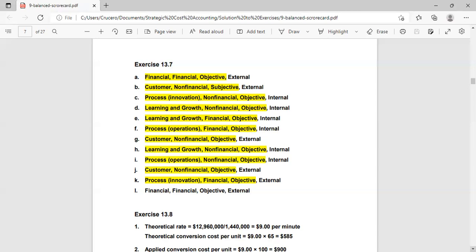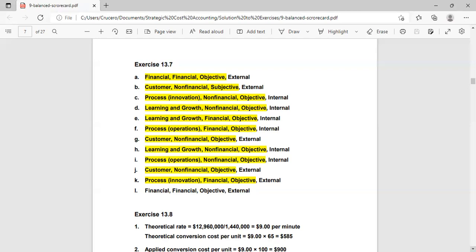Now in letter B, ratings from customers. And letter C, number of patents pending. So letter C is process, then innovation, non-financial, and objective.